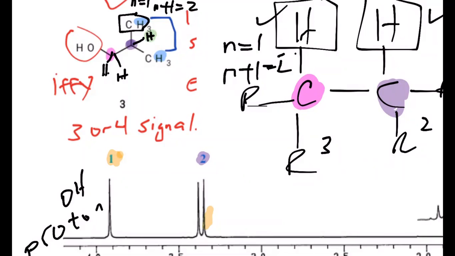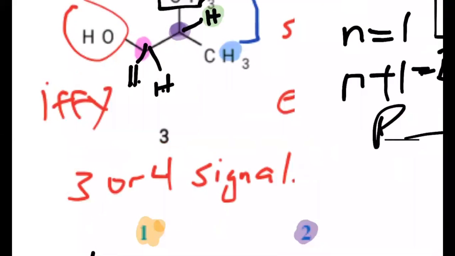If that's only one proton, it's not going to integrate for two. It's going to integrate for one. So it has to be the CH2 that's over here. Are you following that? Yeah, I'm following.